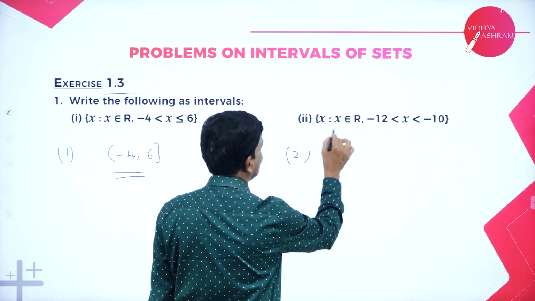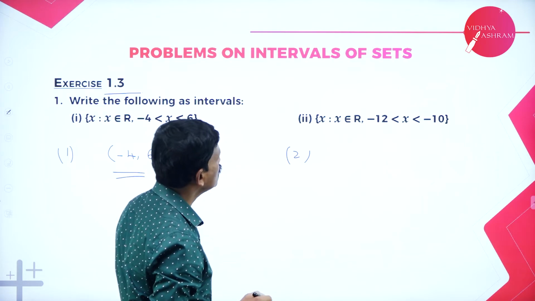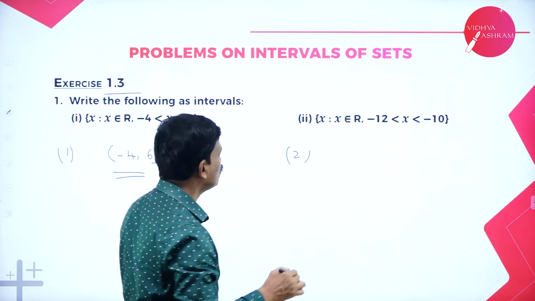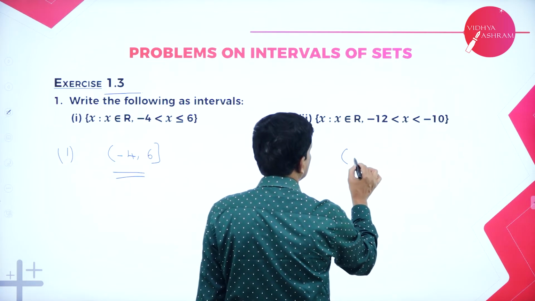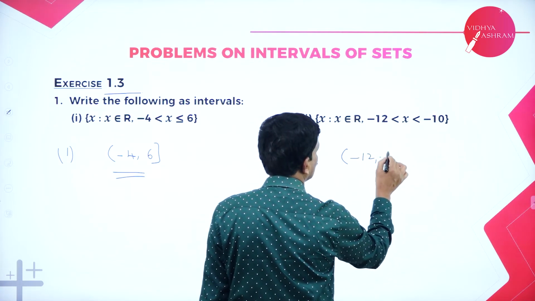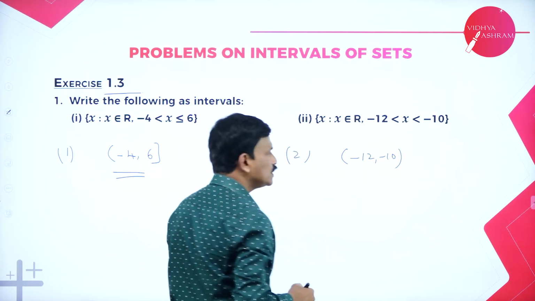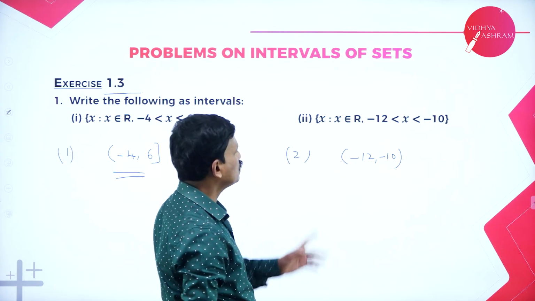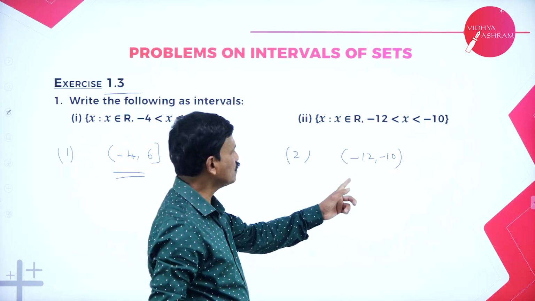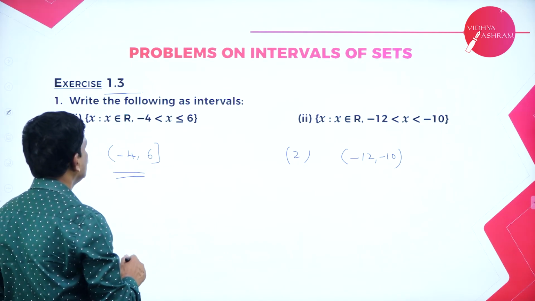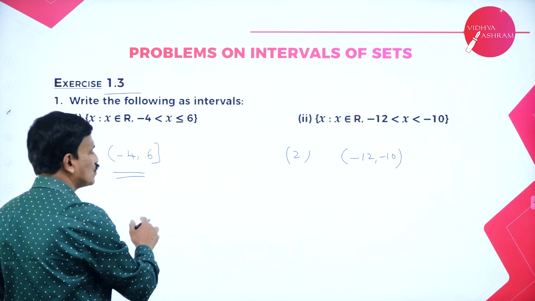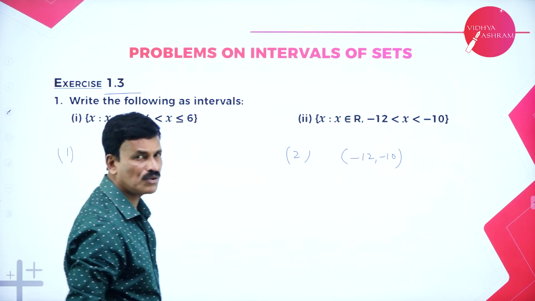The second one is x such that x belongs to real numbers, minus 12 less than x less than minus 10. This is the open interval (-12, -10). So the values which lie between minus 12 and minus 10 come under this interval. In the first, minus 4 less than x less than or equal to 6, therefore we are using a semi-open and semi-closed interval.